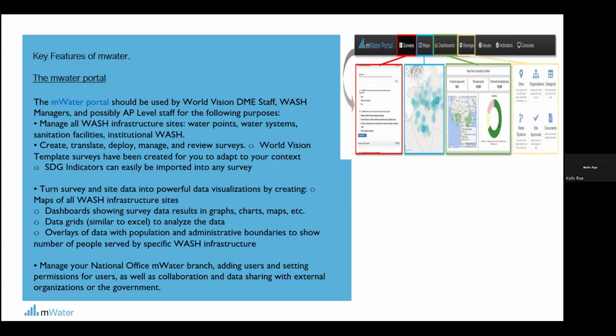So basically this map is to provide you with an overall overview of what has been done in a community. For example, let's take community 1, which has 20 households, and you will map out the 20 households having water systems.